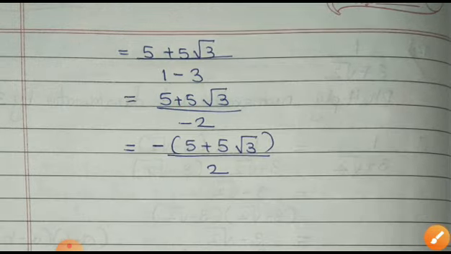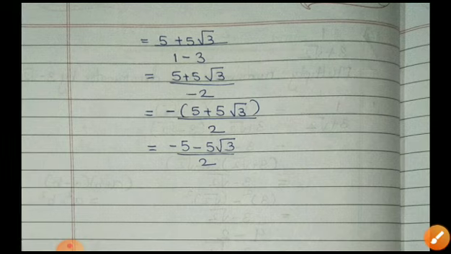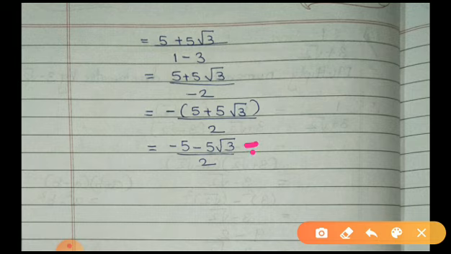Okay. So what I have done is minus of 5 plus 5 root 3 by 2. So at this step you can stop or multiply this minus sign inside. So I'll be getting minus 5 root 3 by 2. Either stop here or have your 2 separately.